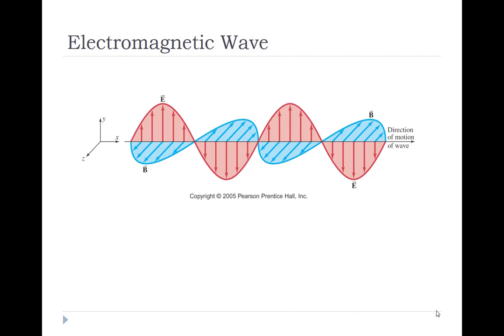Regrettably, it's a three-dimensional phenomenon that they're trying to put on a two-dimensional space. So what you have here is the electric field is oscillating up and down, so towards the top of the page and towards the bottom of the page. The magnetic field is oscillating in and out of the page at the same time, and the entire wave is moving to the right. Okay.